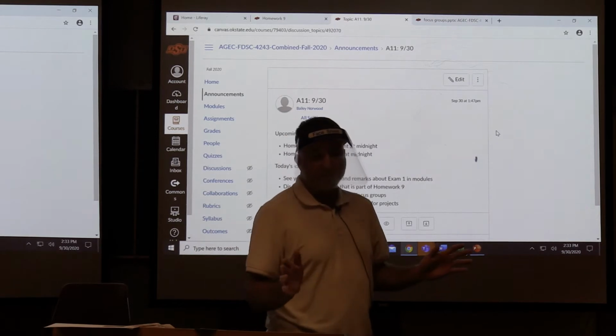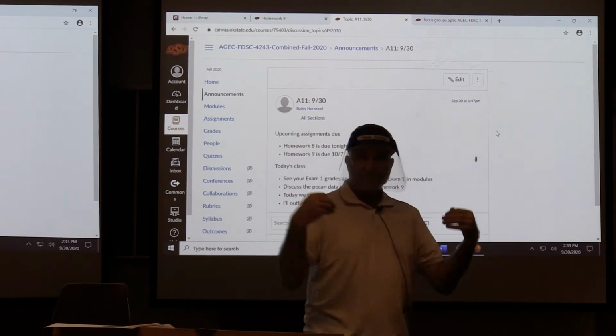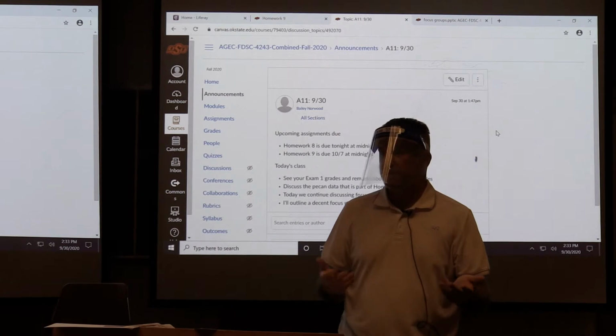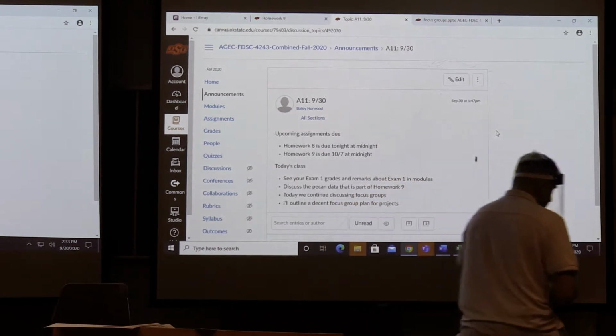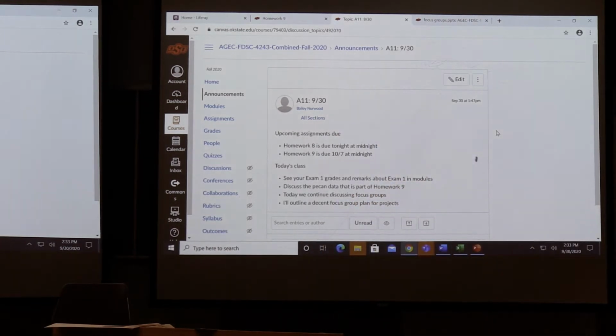Well, first about Exam 1. You may have seen Canvas tells you when I input a grade, but there's also a module in the Exam 1 module. I put a page up with remarks about Exam 1.